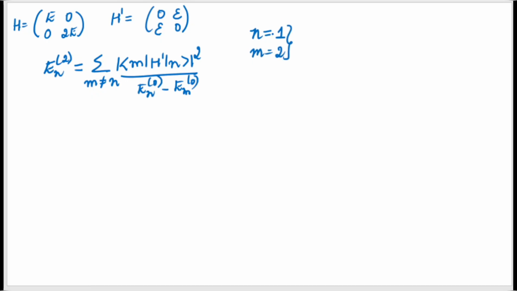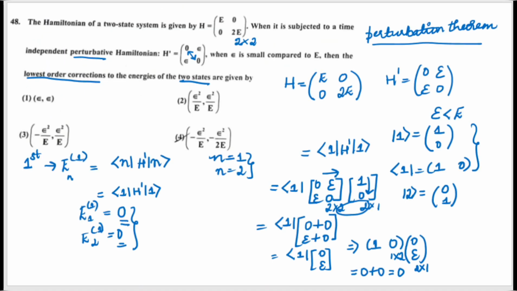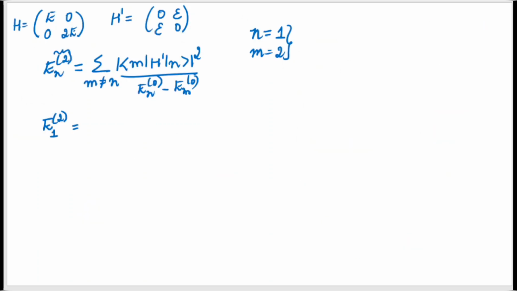Let this be case 1. So instead of n, it will be E 1 to the power of 2. What it is saying is that the 2 denotes the second order correction. In the previous slide, the 1 said it was the first order correction. Same as here in this slide, the 2 represents the second order correction.